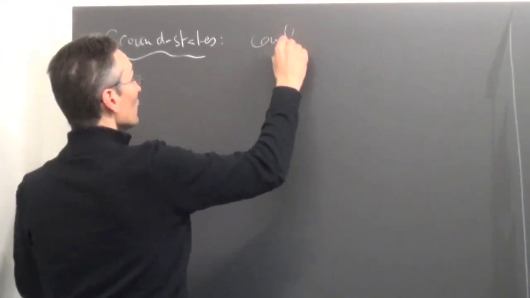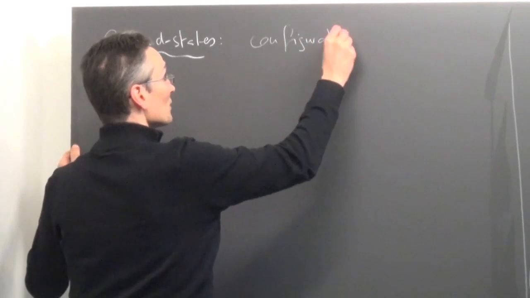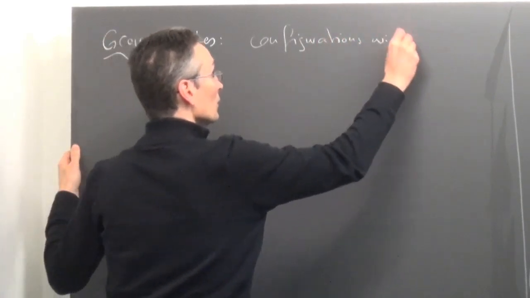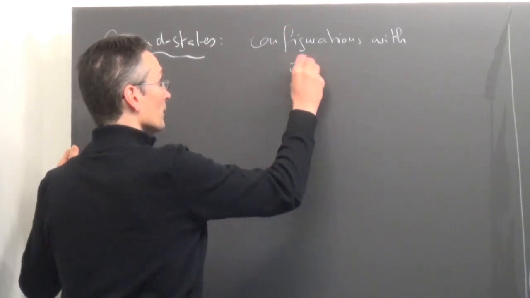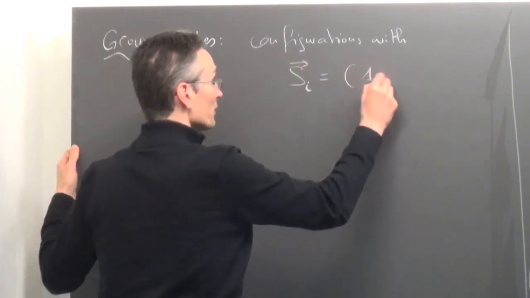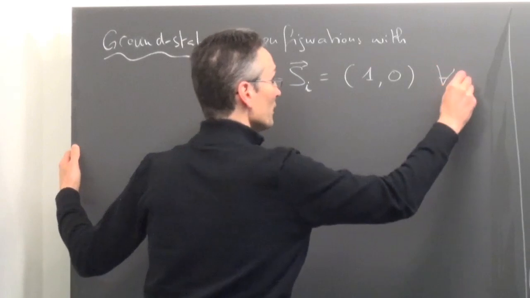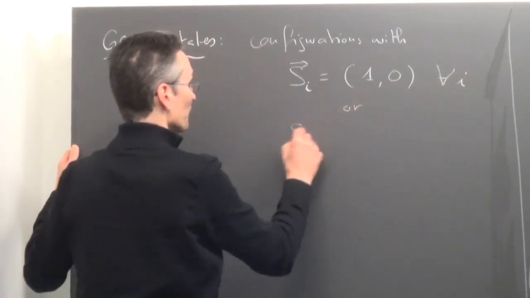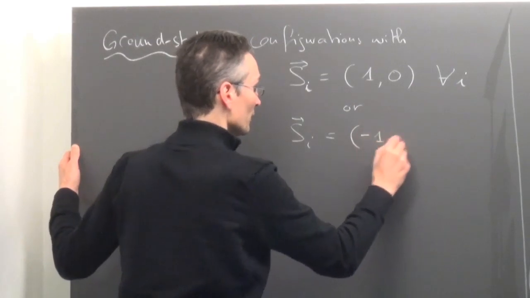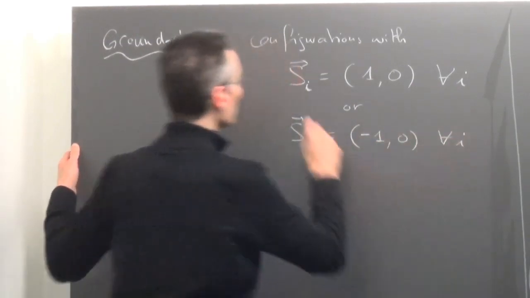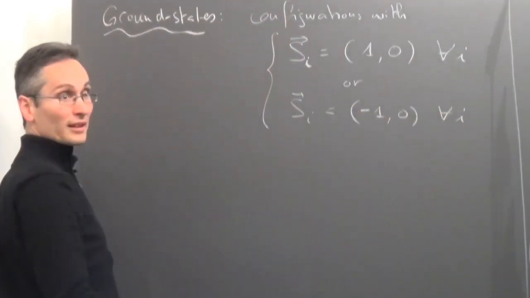So there are two ground states, which are the configurations with S_i equal to (1, 0) for all i, or S_i equal to (-1, 0) for all i. Okay, these are the two ground states.